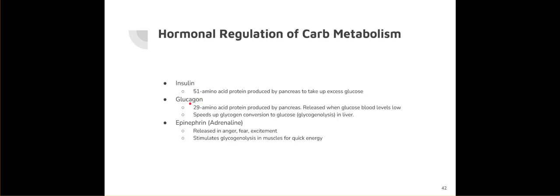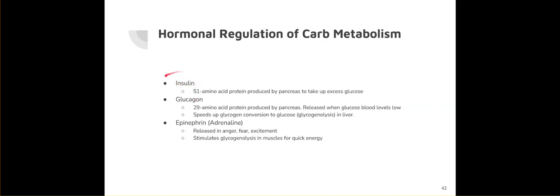Glucagon is another hormone. It has 29 amino acids in it. It's also produced by the pancreas, and it gets released when glucose blood levels are low. It therefore speeds up the glycogen conversion to glucose. So it's kind of the opposite of insulin.